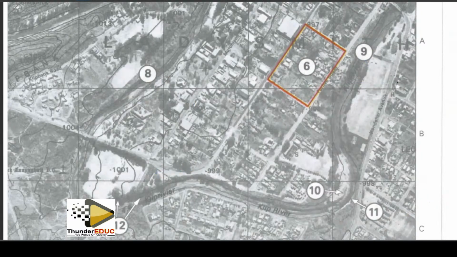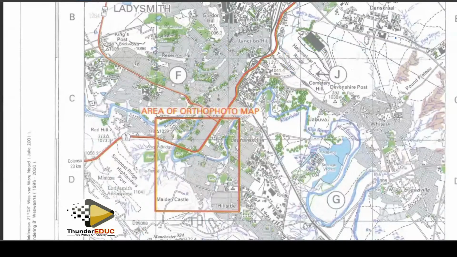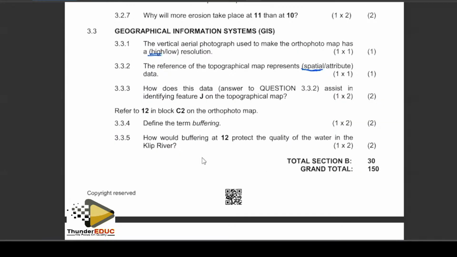Putting a demarcation around a geographical feature. That is how I can define it in simple understanding. Or in simple terms, a boundary around a feature. That is buffering according to simple understanding.